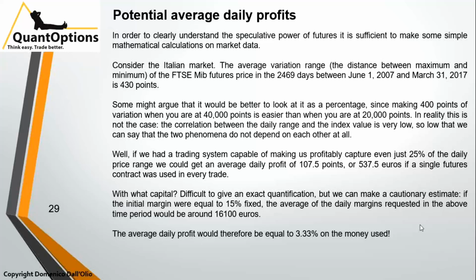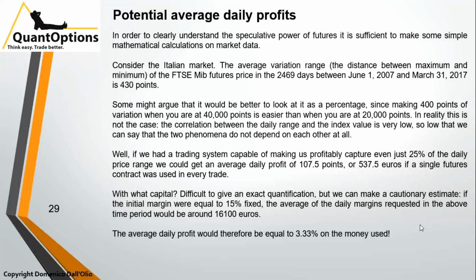Some might argue that it would be better to look at it as a percentage, since making 400 points of variation when you are at 40,000 points is easier than when you are at 20,000 points. But this is not the case, because the correlation between the daily range and the index value is very low. So low that we can say that the two phenomena do not depend on each other at all.